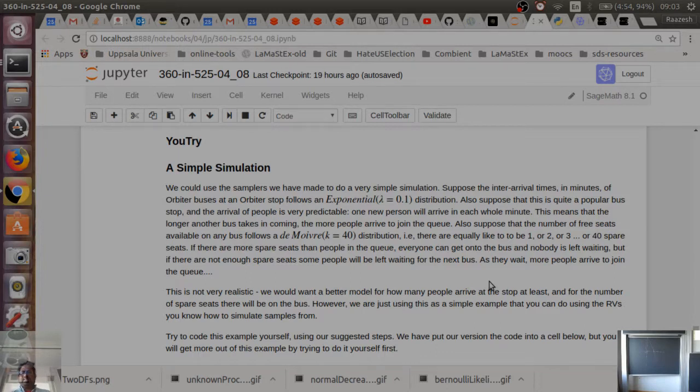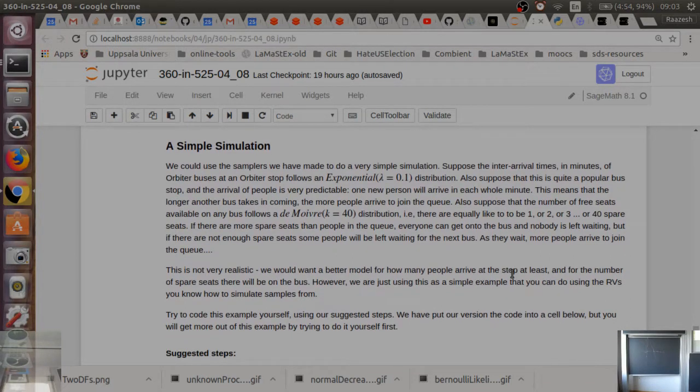And then the bus has 3 seats available, following a de Moivre distribution with k = 40. Maybe people get on and off at other stations, so when a bus arrives, it's filled uniformly from this de Moivre distribution. Then you have to figure out how many seats are left, and fill in the people that are waiting.